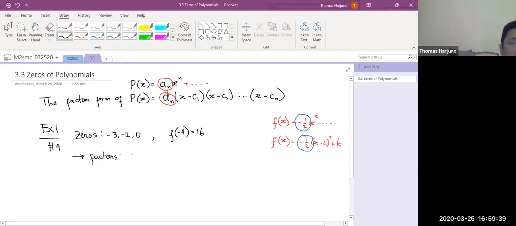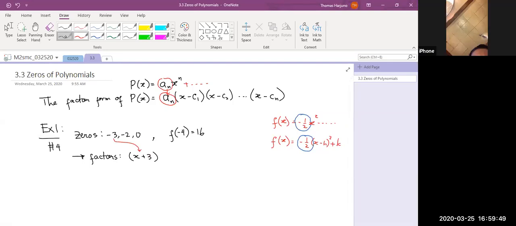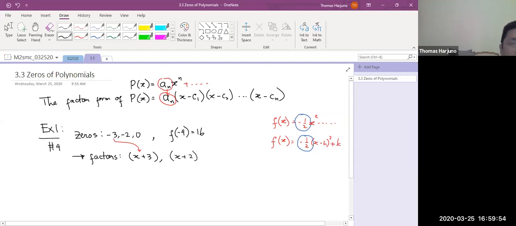Factors will be x plus 3, which corresponds to the zero -3. Other factors are x plus 2 and x minus 0, or simply x. Therefore, the polynomial must be in the form of a sub 3, because this is degree 3, times x plus 3, x plus 2, times x.